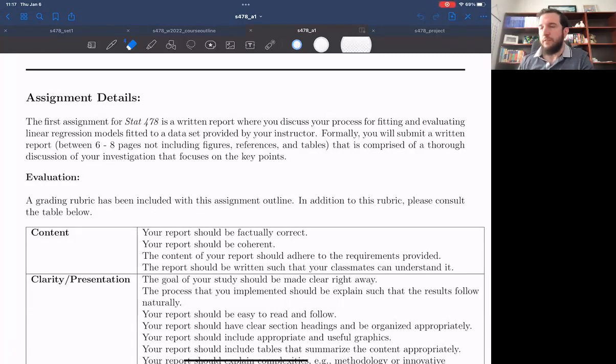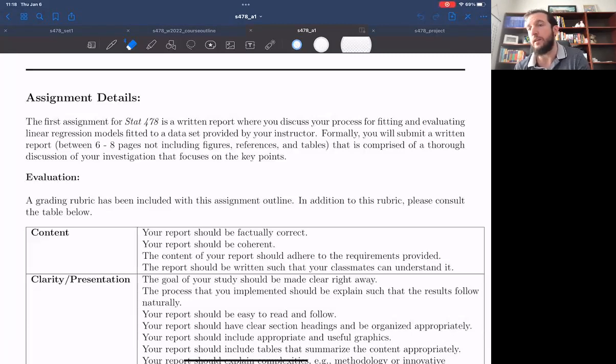So the report itself does not need to be long, 6 to 8 pages, which doesn't include references, figures, and tables. The data set I will provide to you with the response variable. So what you are trying to accomplish in terms of what you're interested in discussing will be set up for you. So you don't need to find the data or determine the response variable for said data.